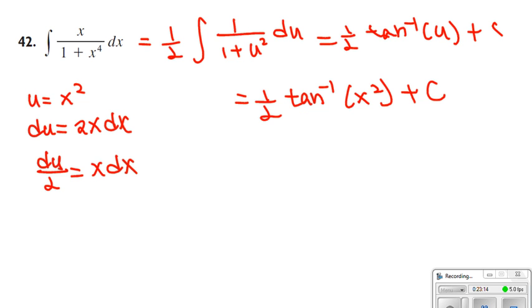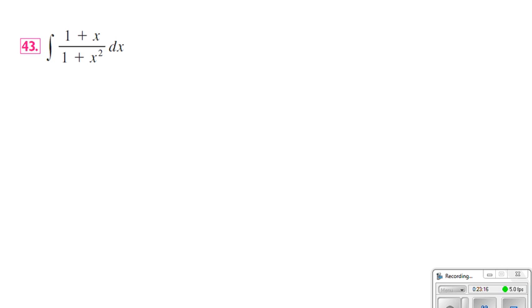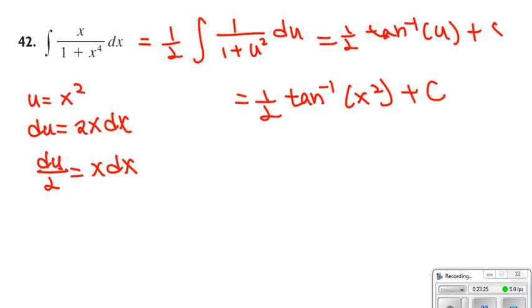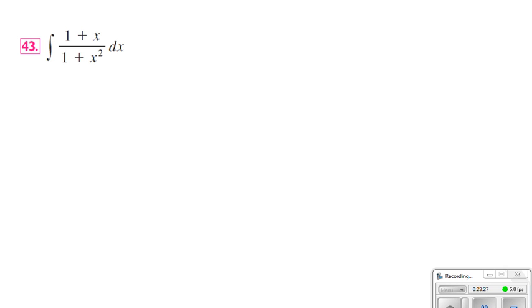Alright, let us move on to the next question, number 43. Now here, what are we going to do? Okay. So here, when we have 1 plus x squared, it's somewhat quite challenging. But if you were to put this one in this way, that as 1 fraction, and this one, the red one, as another fraction, then this might be somewhat easier to look at.